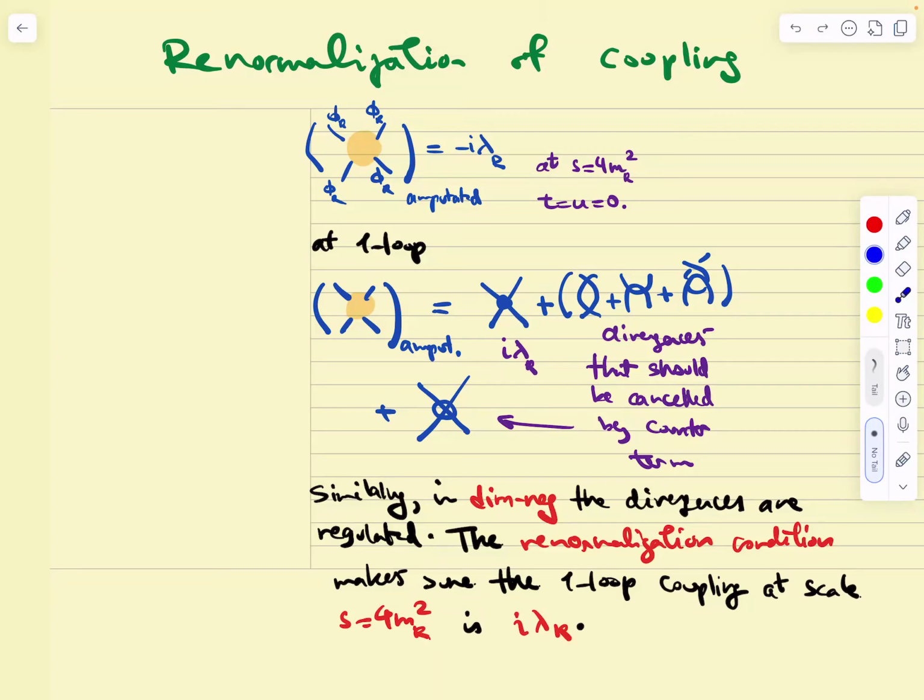It's the energy of the first one plus the energy of the second one. This is a relativistic theory.